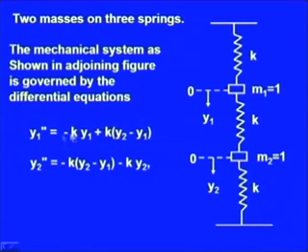For the mass m1 we have y1'' equal to minus k y1 plus k times (y2 minus y1), where we have made use of the given value of m1, that is m1 equal to 1, and for the mass m2, which is again given to be equal to 1, we have the equation of motion as y2'' equal to minus k times (y2 minus y1) minus k y2.